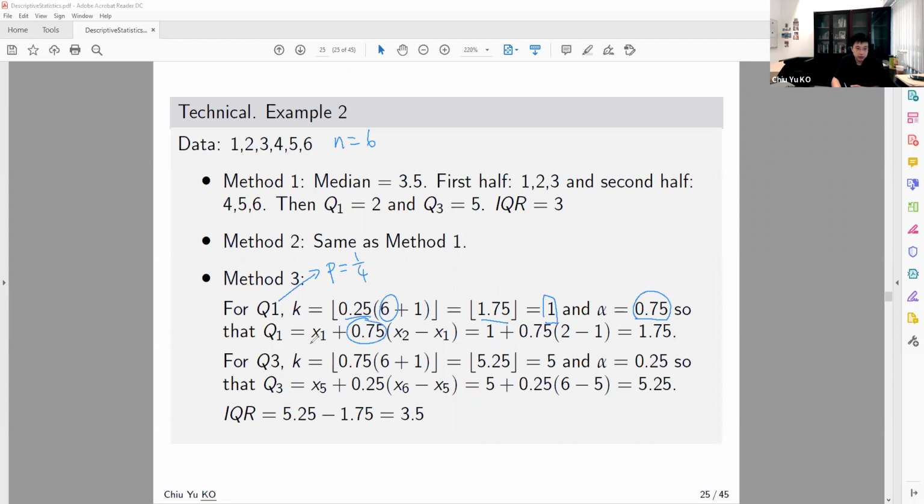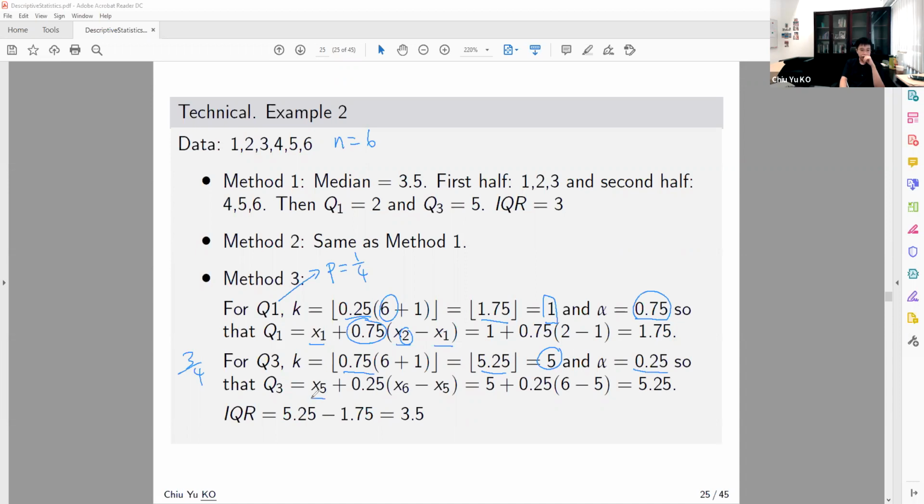The first one, xk, is x1, which is 1, plus 0.75 times x2 minus x1, which is 2 minus 1. Similarly, we do the same, but instead of 1/4, you use 3/4 for p. So 3/4 times 7 is 5.25. Rounding down becomes 5. The difference between these two is 0.25.